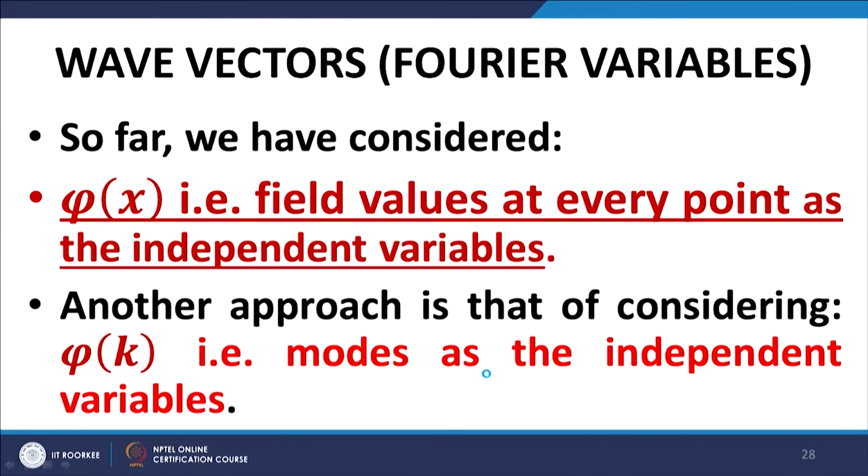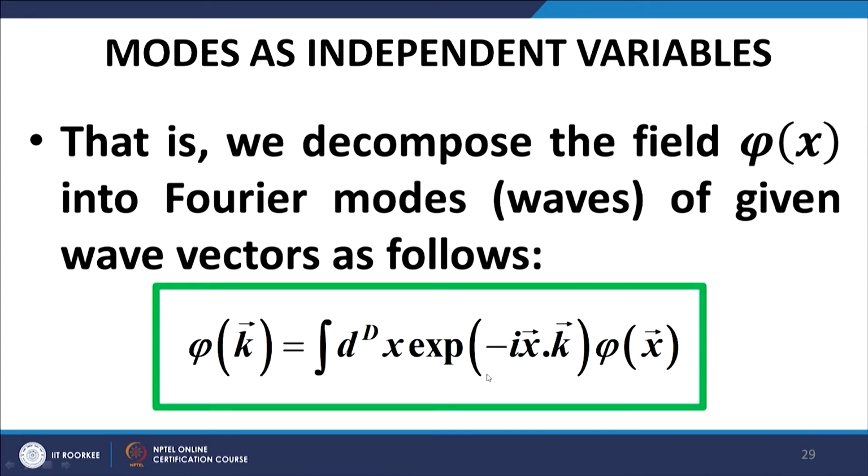Modes, or they are also sometimes called wave vectors. They are intimately related to momentum, but they are basically the Fourier transforms of the field functions in space time, and therefore, they are given by the expression given in the green box.